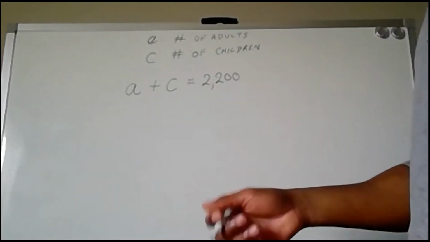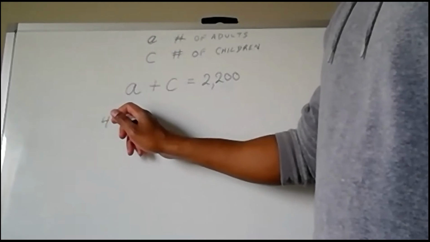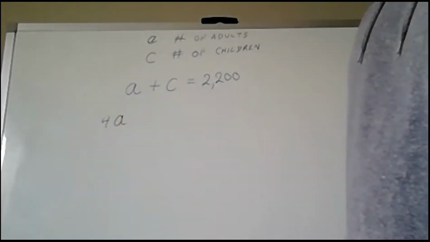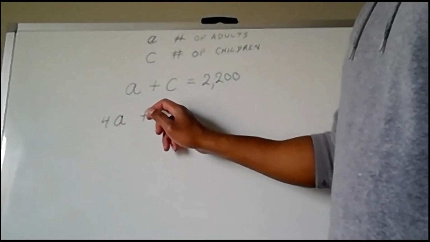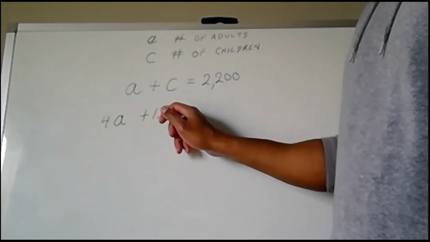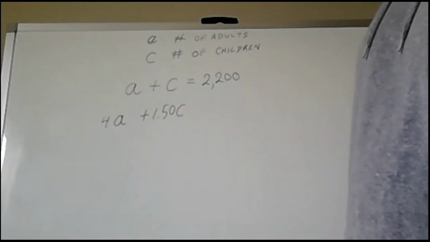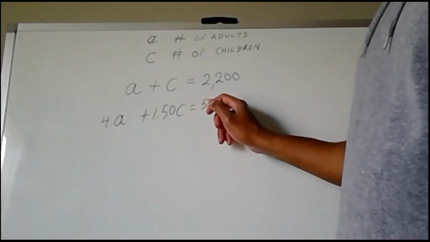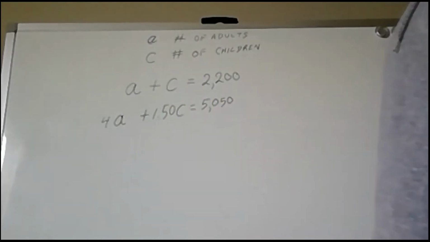So I can say $4 times the number of adults plus $1.50 times the number of children is equal to $5,050.